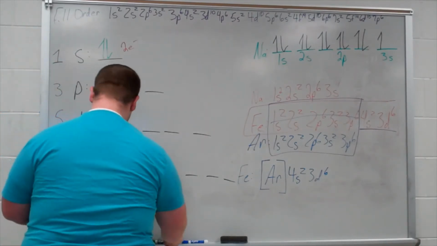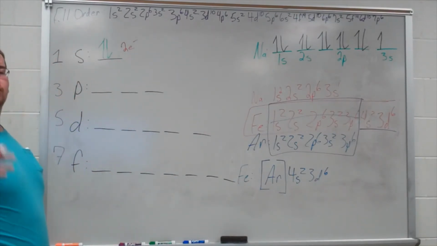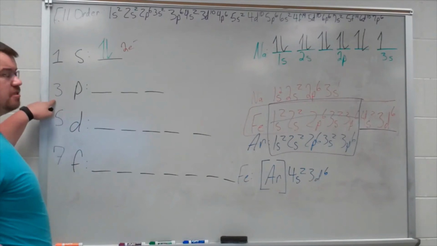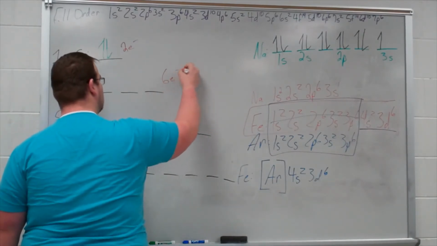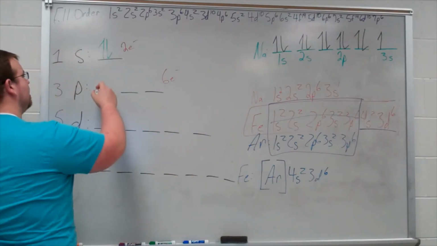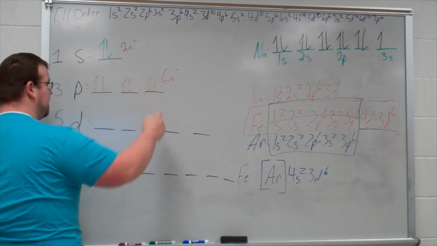What about P? How many electrons can a P subshell have? 2 ways of doing this. There's 3 dashes. Every one can have 2, so you get 6. 6 electrons, or you can look and say they go 1, 2, 3, 4, 5, 6.